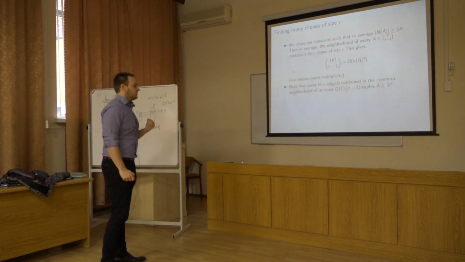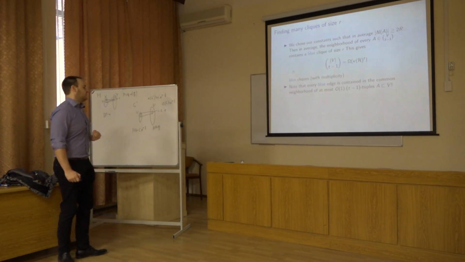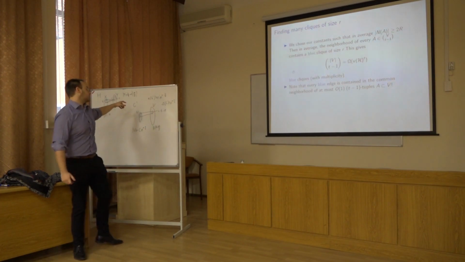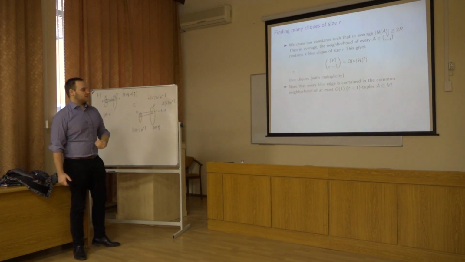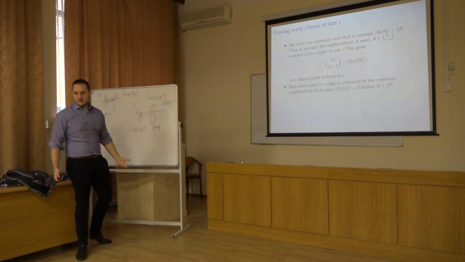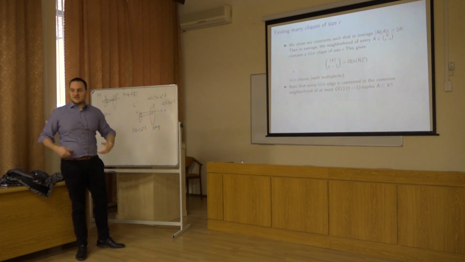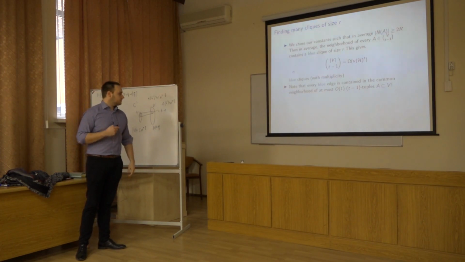Because remember that an edge was blue if it had a small neighborhood, if its neighborhood had size at most this number, which is a constant. So the number of t minus 1 tuples whose neighborhood contains a particular blue edge is just this number choose t minus 1 at most, which is still just a large constant. It's independent of n.